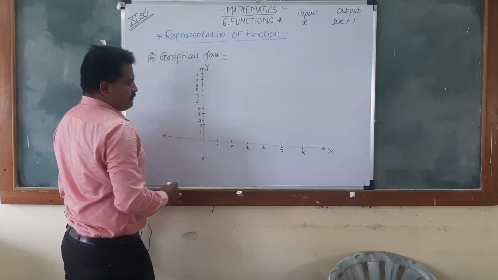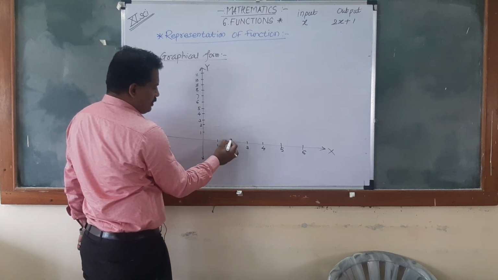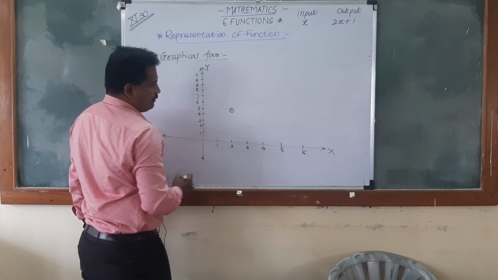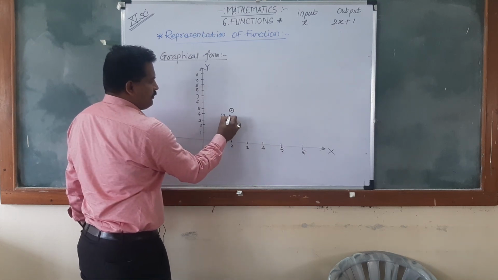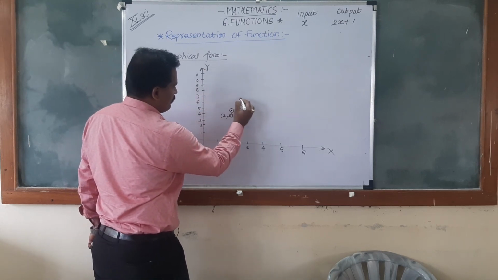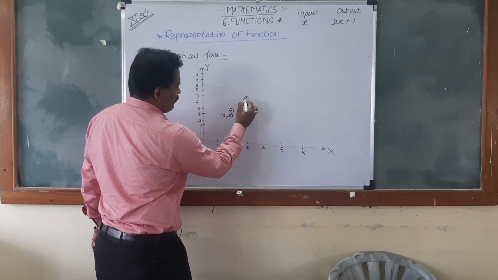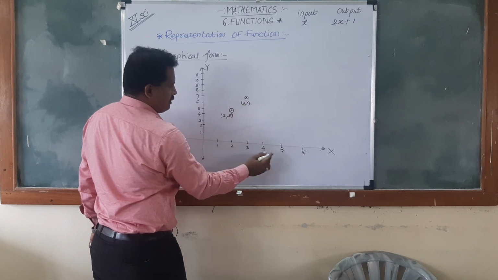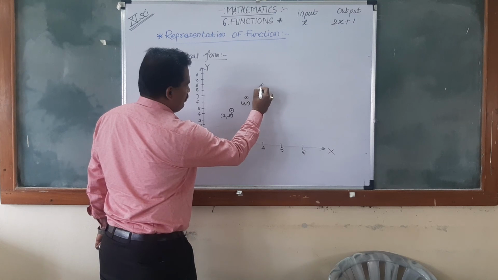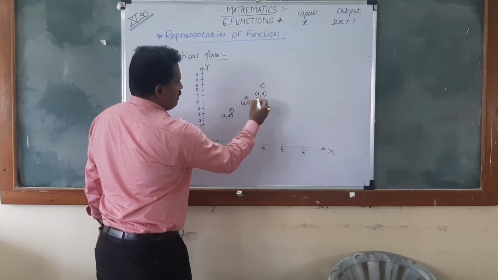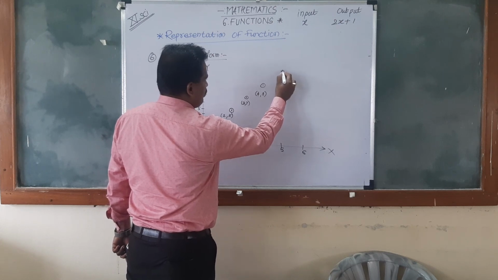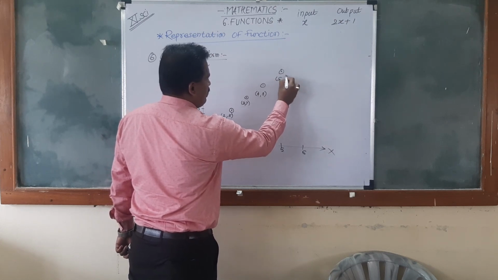First point is (2, 5). Then (3, 7). Then (4, 9). Last, (5, 11).